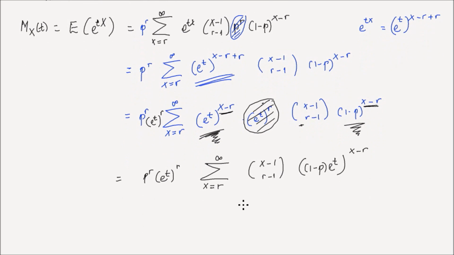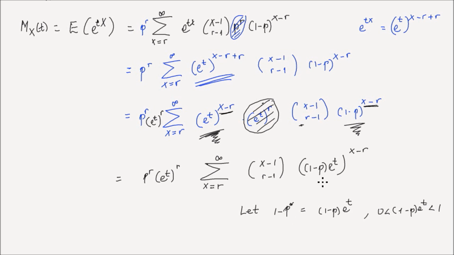Now, I'm going to let 1 minus p star be equal to 1 minus p times e to the power of t. And I'm going to assume that 1 minus p times e to the power of t is less than 1. Of course, this is always greater than 0, so it's actually between 0 and 1.